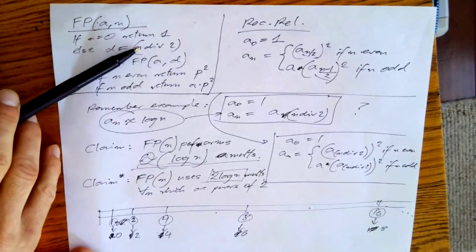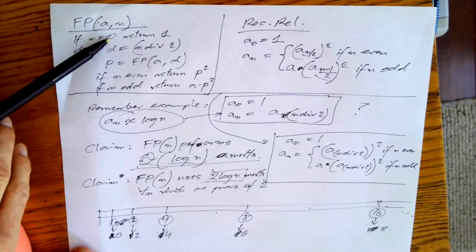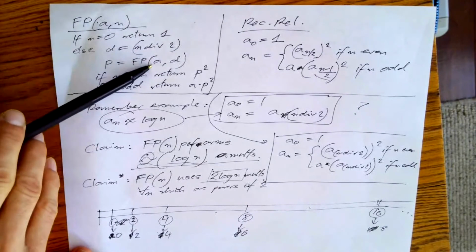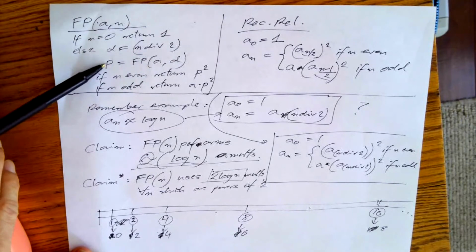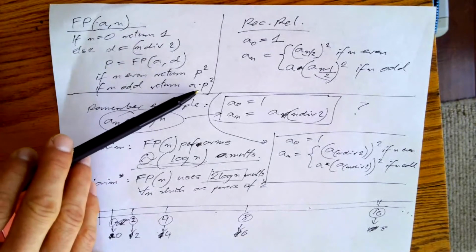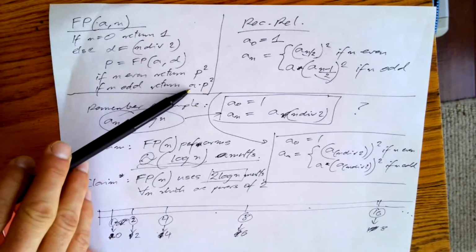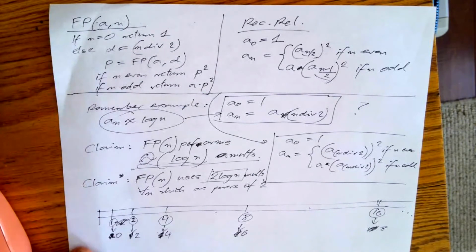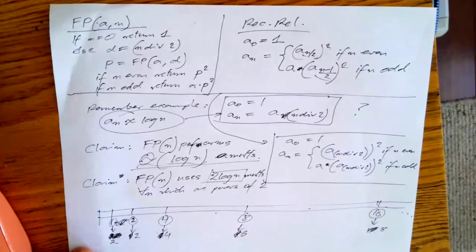So n div 2 is 0, so it will perform no multiplications in this call. It will just return a 1, and then it will go here because n is odd, right? So it will square that 1, that's 1 mult, and then it will multiply it by a. That's a second mult. Did I say? Okay, I guess I have to go back to this.